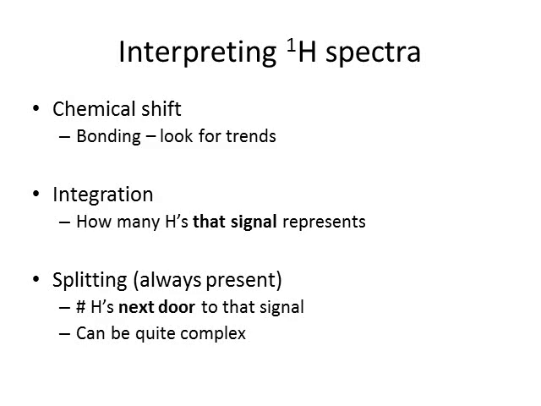And then there's splitting, which is always present. Unlike the carbon-13 NMR, where we had to do a specific type of experiment to see splitting, splitting's always present, and it tells us how many hydrogens are on the next position over. This is pretty much always the most complex thing in spectroscopy, and so it's the thing that we should turn to last.